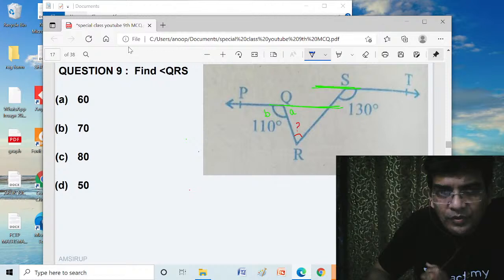So you can say A plus B is equal to 180. The reason is linear pair. Okay, so here B is 110, so we can get A.